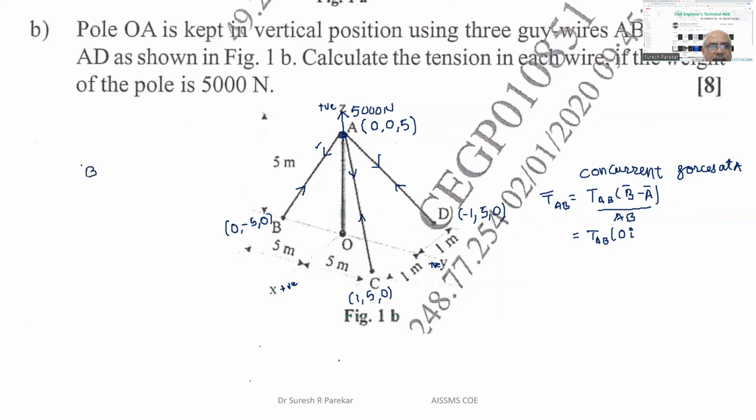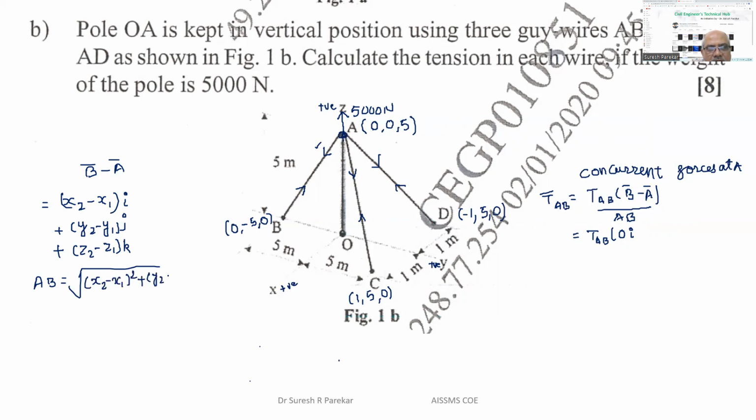B bar minus A bar means x2 minus x1 I plus y2 minus y1 J plus z2 minus z1 K. And then AB is the root of X2 minus X1 whole square plus Y2 minus Y1 whole square plus Z2 minus Z1 whole square.